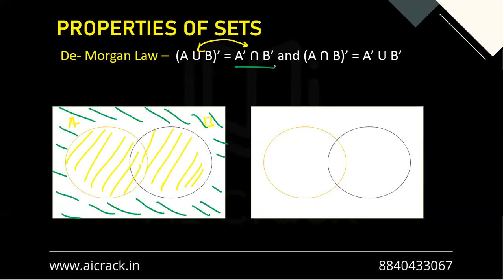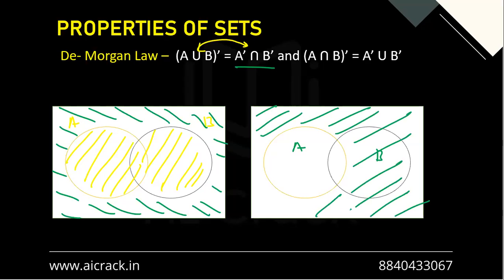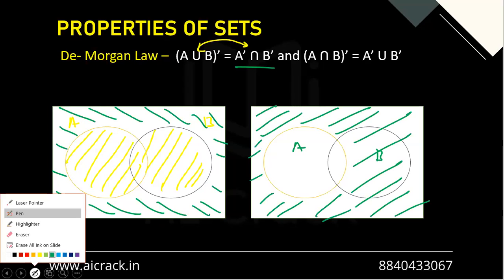Now let's look at this one. We have A dash intersection B dash. So this is set A, this is set B. Now A dash means this region.